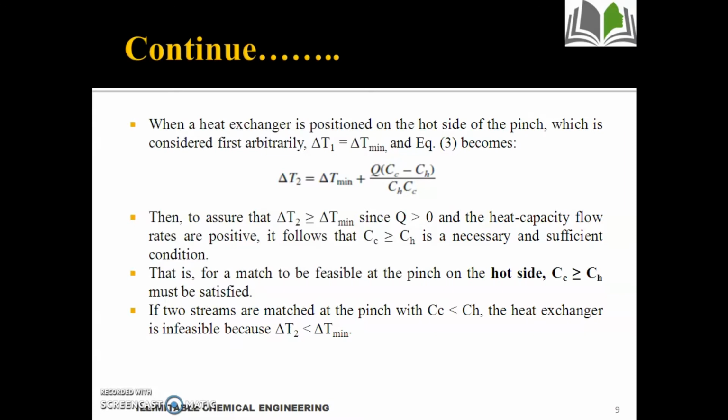This is the necessary and sufficient condition for a match to be feasible at the pitch on the hot side, and it must be satisfied if two streams are matched at the pitch. Otherwise, the condition is infeasible: delta T2 is less than delta T minimum when Cc is less than Ch, right?